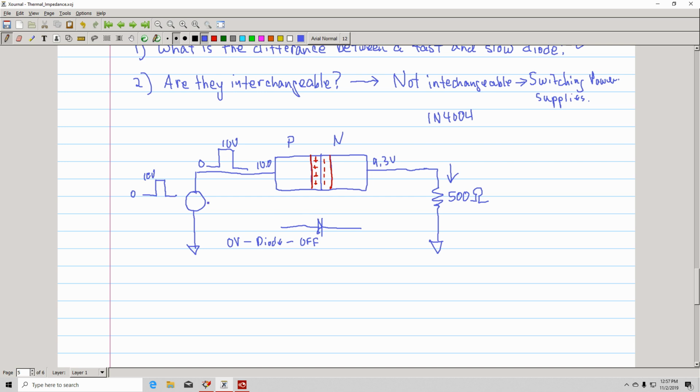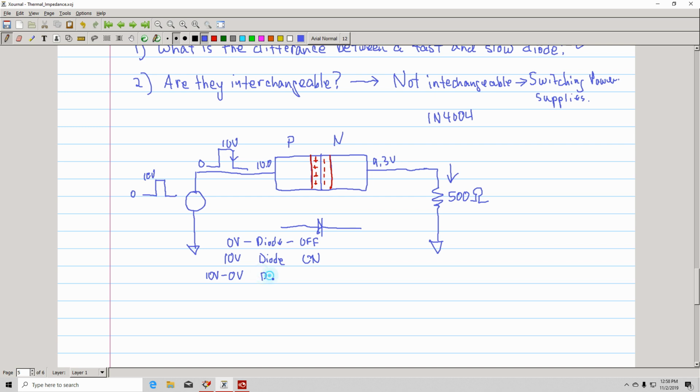Then when it goes back to 0, theoretically, and let me backtrack a little bit. When you were at 10 volts, the diode is on. But now we're going through this transition from 10 to 0 volts.